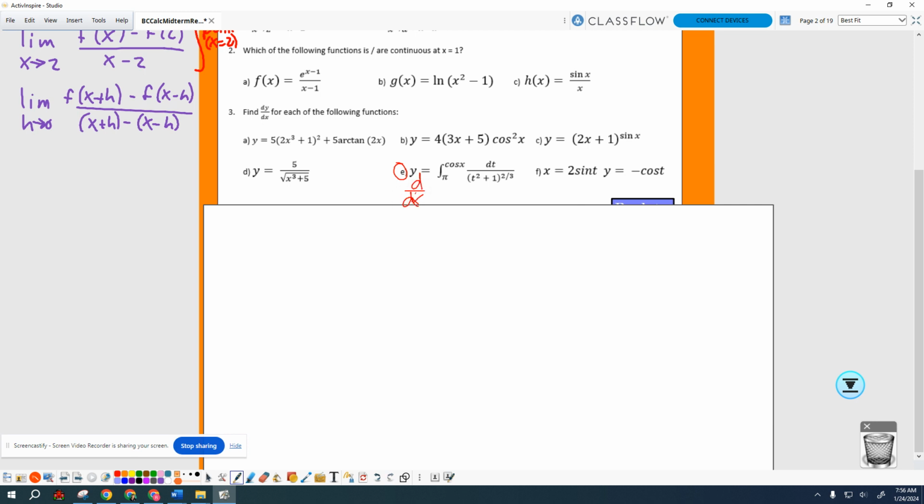As we just said, derivative of an integral is the stuff inside. So it's that with these guys plugged in.